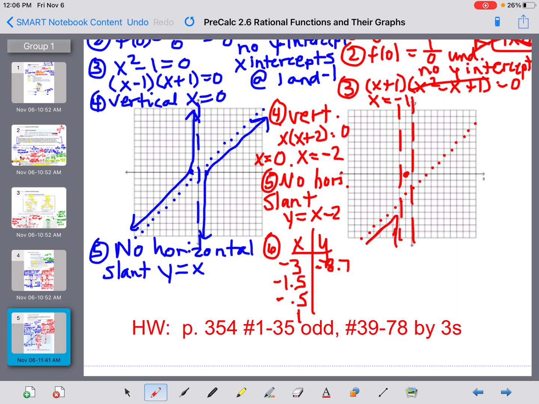I'm going to get a funky shaped parabola down here. These next two, I need to do both of them before I graph the curve between the asymptotes.